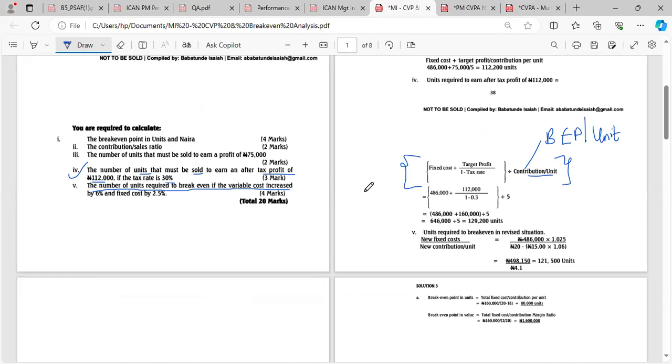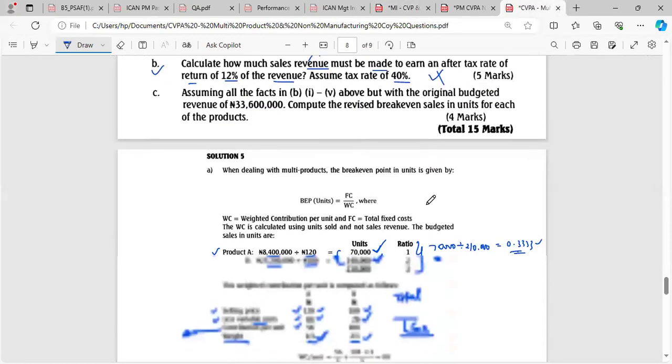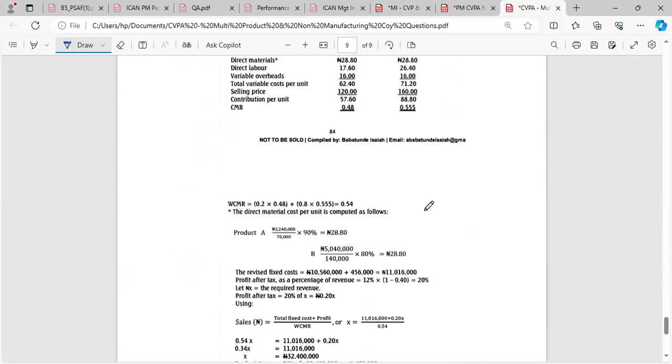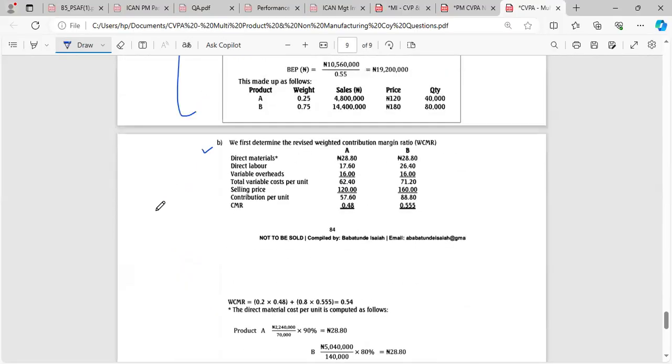Okay, so let's apply the formula. Let's just apply the formula. Let's come down and see how they did it and just apply the formula. This is where they solve it, but let's apply the formula here. So I'll call it, please just flow with me: fixed costs plus target profits over 1 minus TR, which is tax rate.